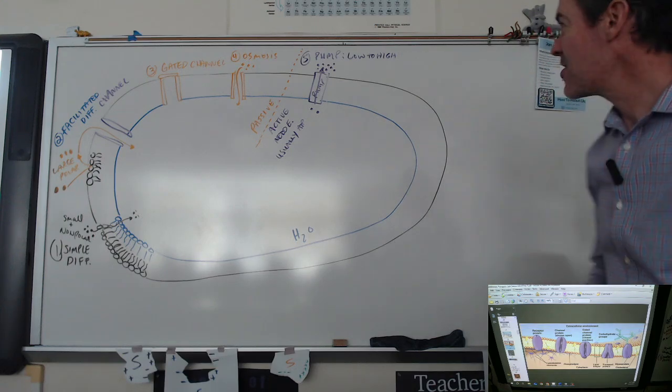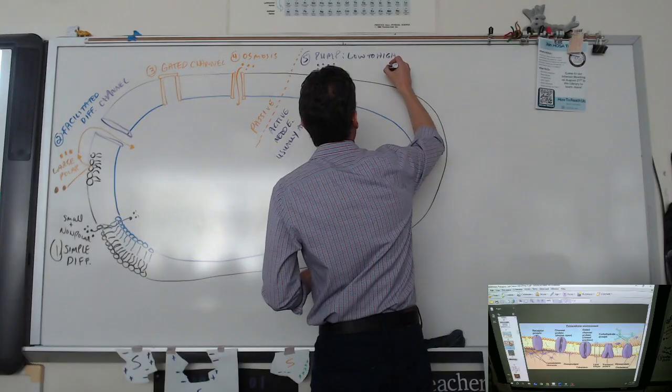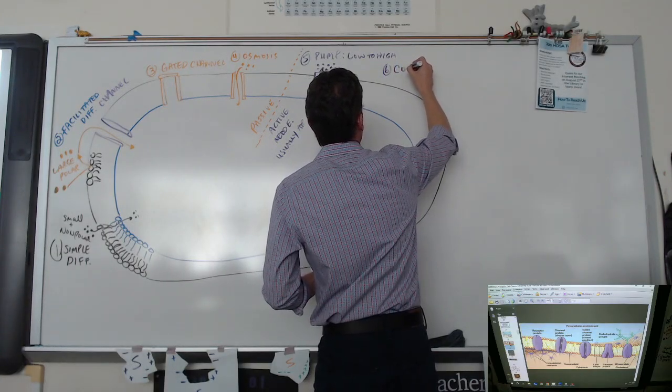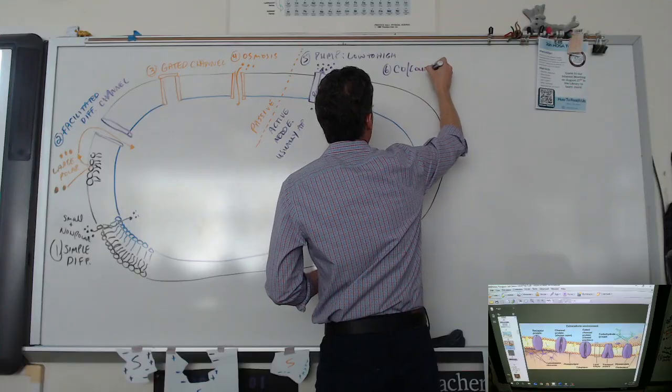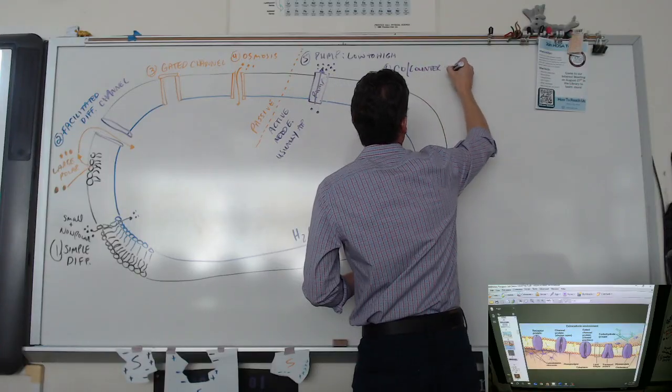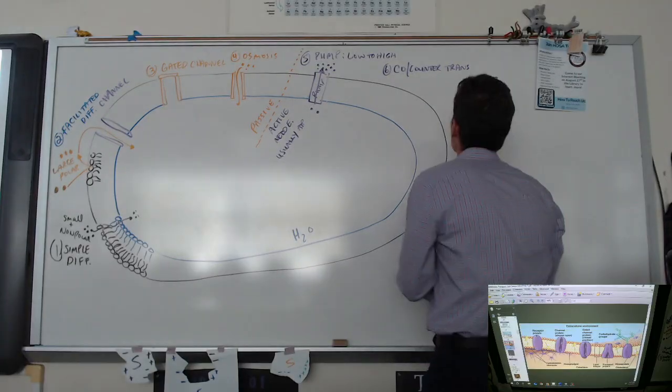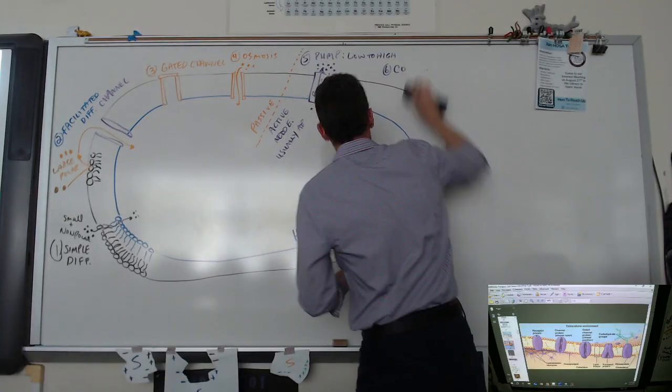Right now, this next one, number 6, they call co-transports and counter-transports. Let me write that differently, because that makes it look like they're all one thing.